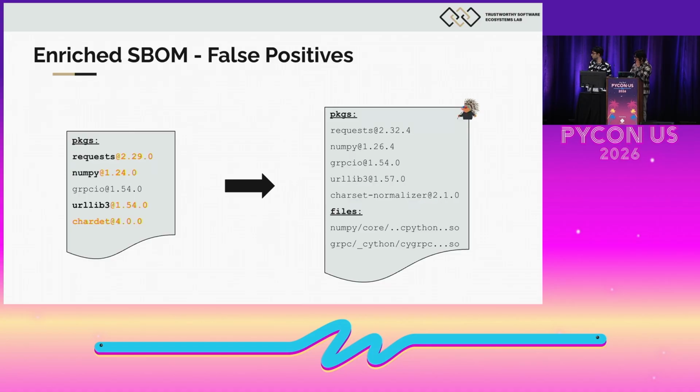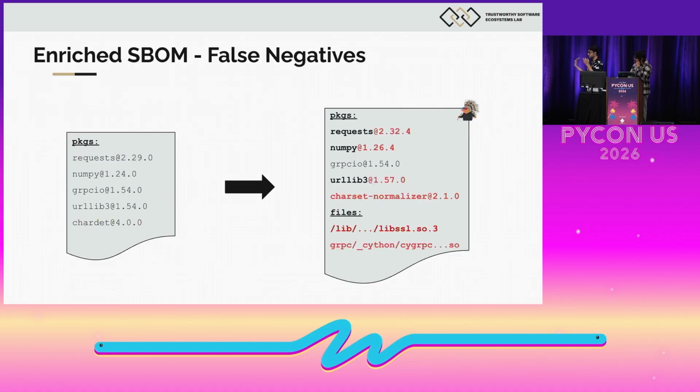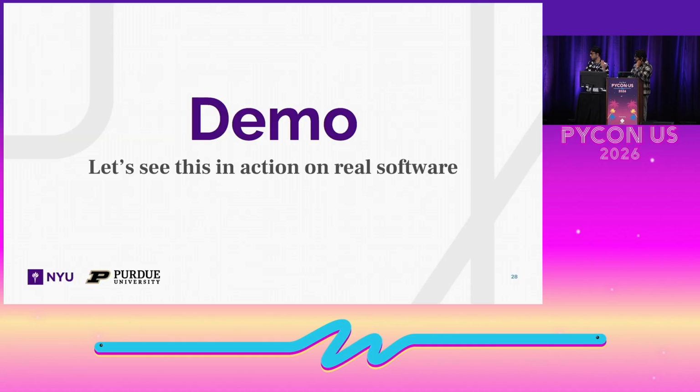But when we actually run in-toto against it and see what was being pulled, we see that these packages are not correctly versioned, and also there are a lot of shared object files being touched, which may or may not be relevant for your case. So we have false negatives and false positives, and also just missing information when it comes to a lot of these builds.